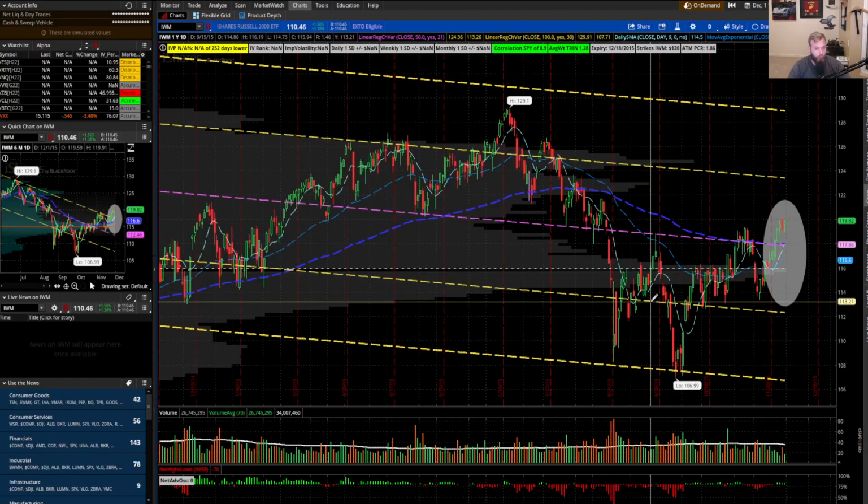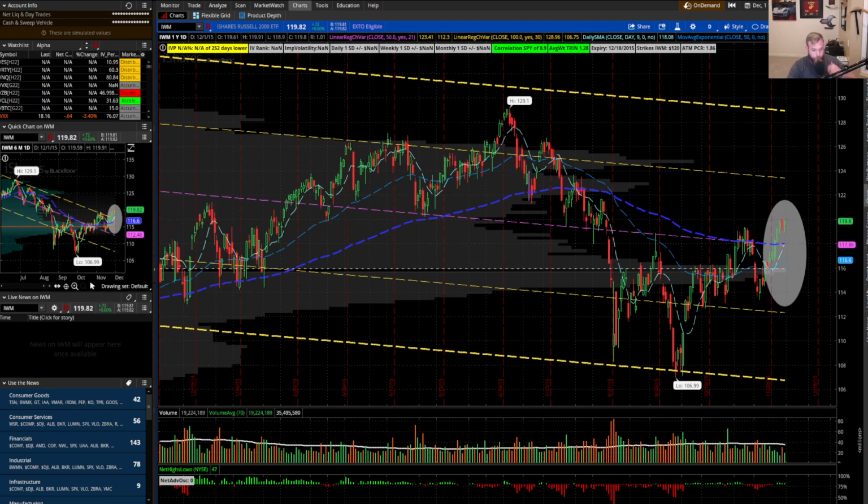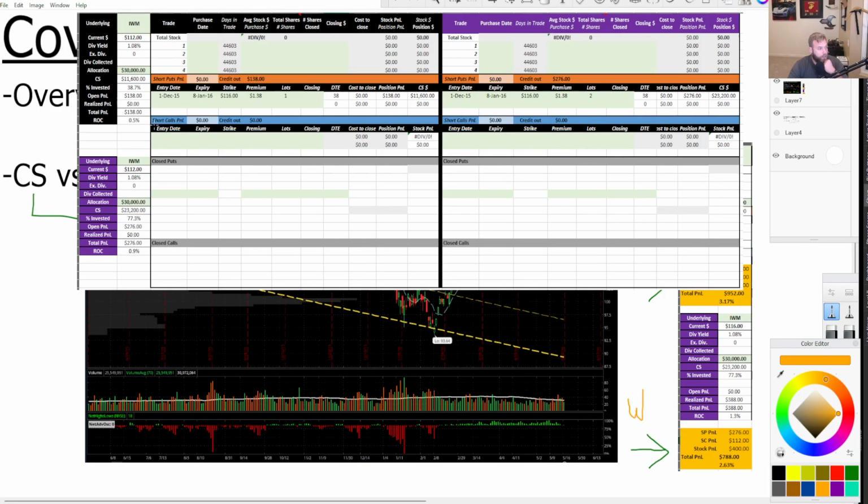IWM was trading around, call it, 119. On both sides, on the coverage strangle side, I sold one of the 8 Jan 16, 116 puts, collecting $1.38. And then the only difference on the wheel side is I did 2.